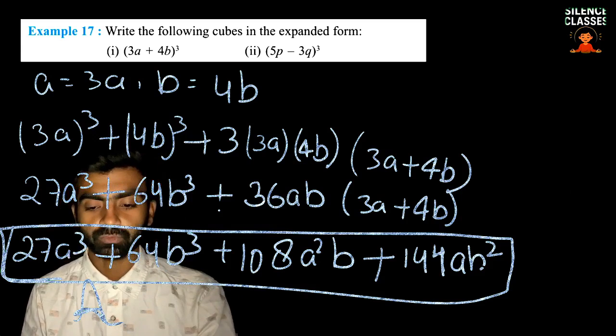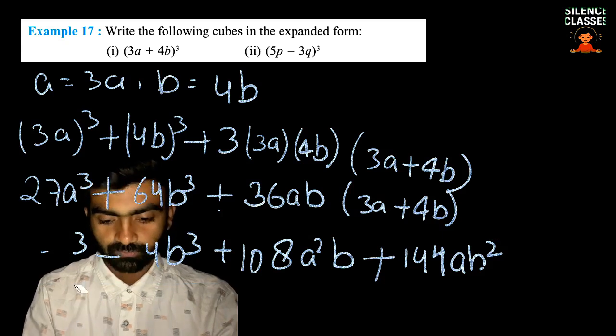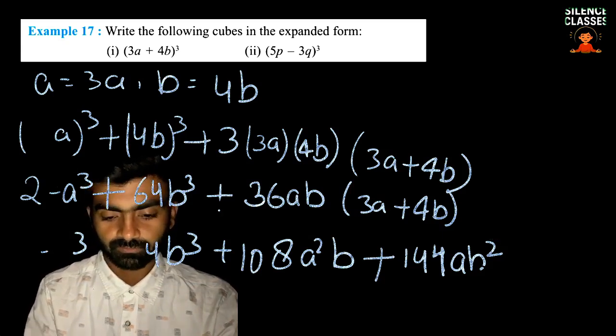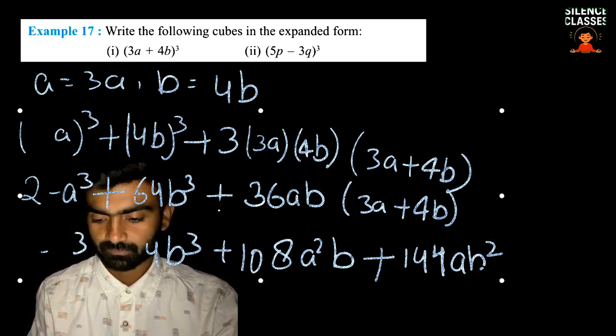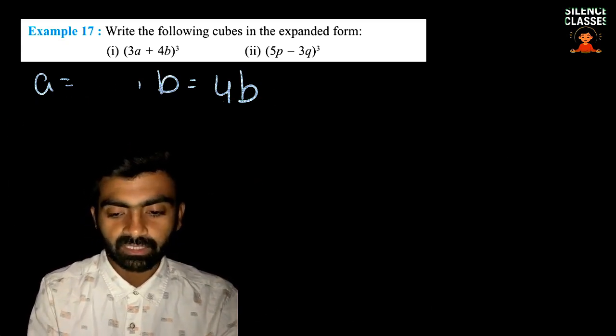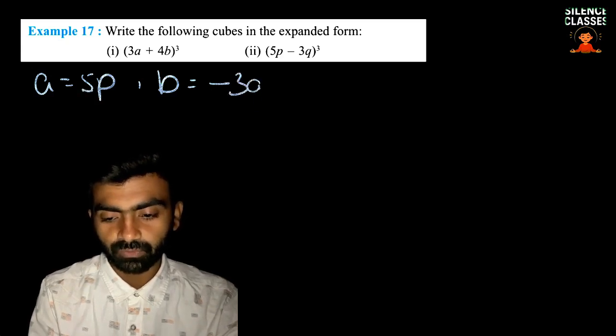Now let's move to the B part. Over here again we have to use the same formula. So I'll just remove this. Over here a is 5p and b is minus 3q.